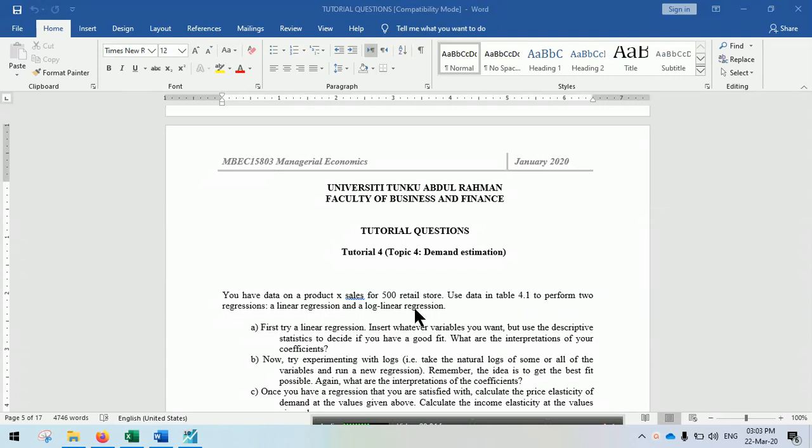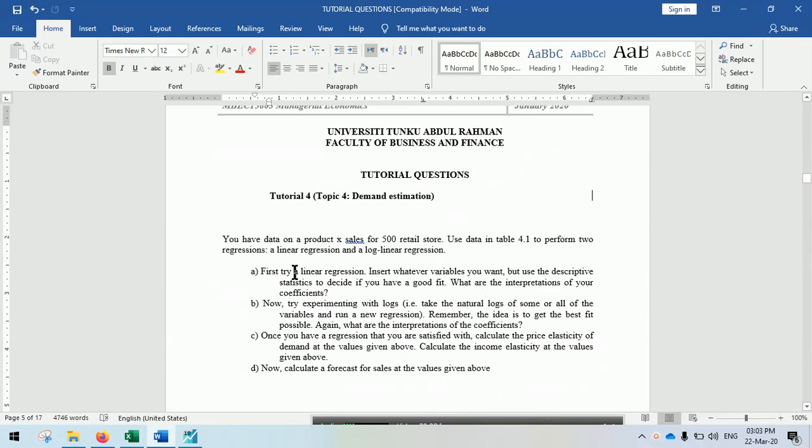So here are the things that we are going to discuss. First we try linear regression, insert whichever variables you want, and use the descriptive statistics to decide if you have a good fit and what the interpretation of your coefficients is. We also experiment with logs: the same model but taking the natural log of some or all of the variables and running the linear regression.